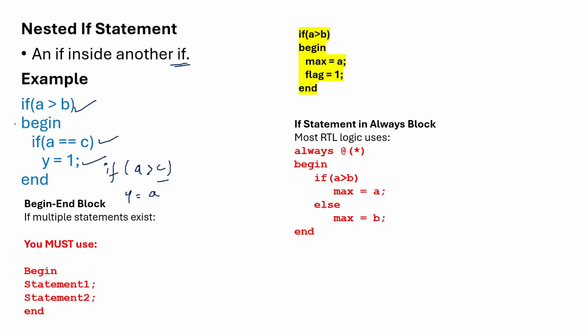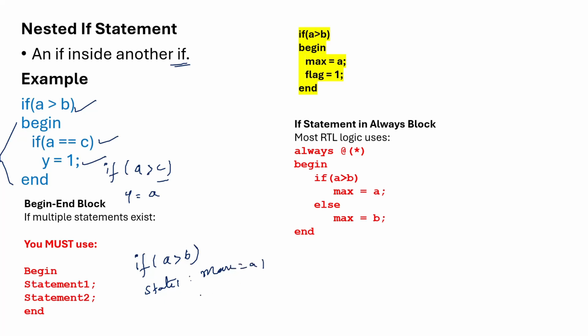Sometimes you need to use a begin end block. Why are we using the begin end block? Because I need to execute multiple statements. If this condition is true, then one statement I want to execute, like statement 1: max equal to a.